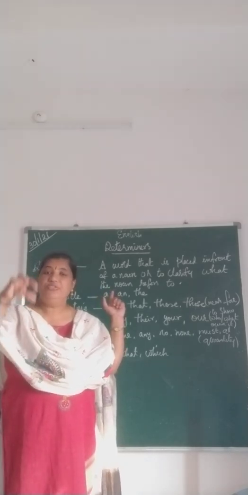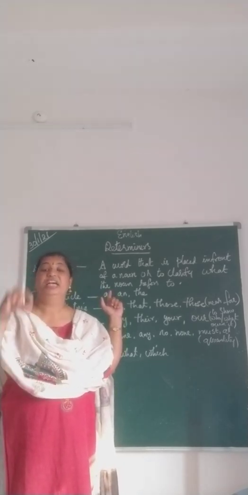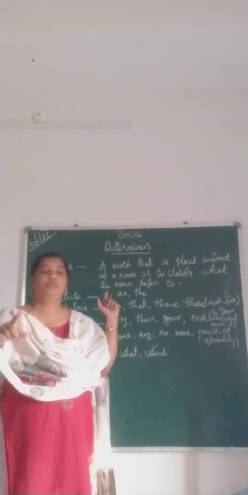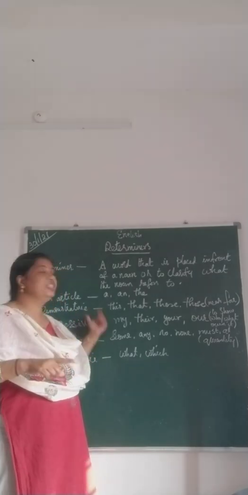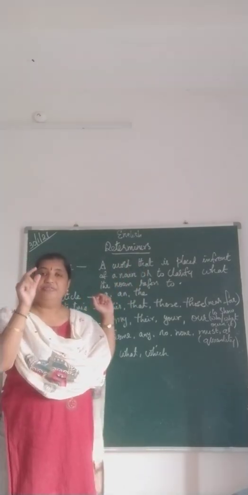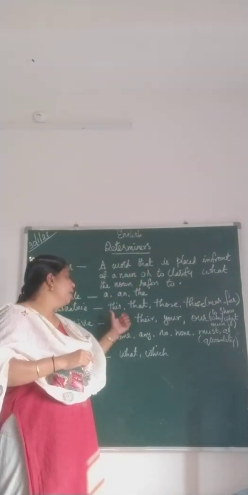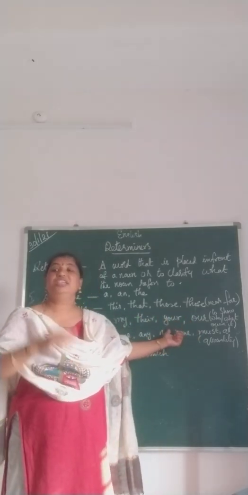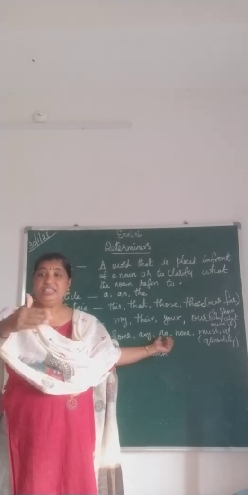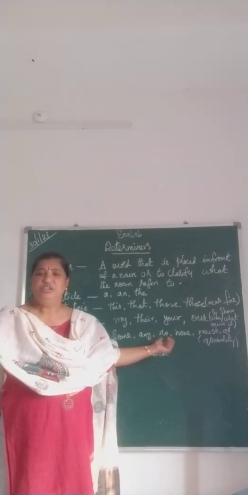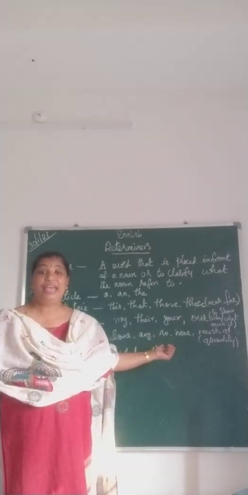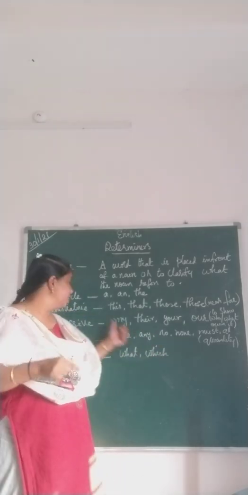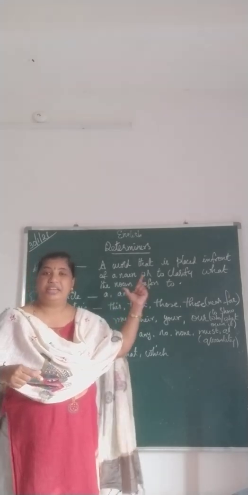So the word which is used to represent the possessiveness of any individual, we call it a possessive determiner. And the words which we generally use are my, their, your and our. Your. This is your book. It is yours. Your book cannot be taken by anybody else. So such words are called possessive determiners.